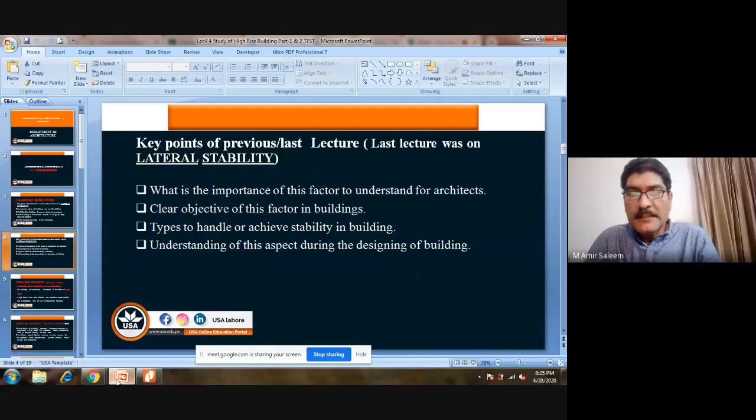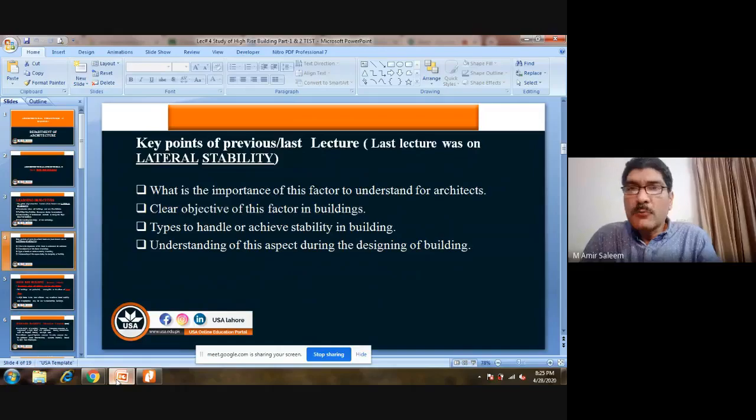So what is the importance of lateral stability in a structure for the architect? As we have done an assignment about the fall of Margalla Hills Tower in Islamabad in the earthquake, the basic cause of the fall of that building was the weak design and the weak stability with respect to lateral movement.